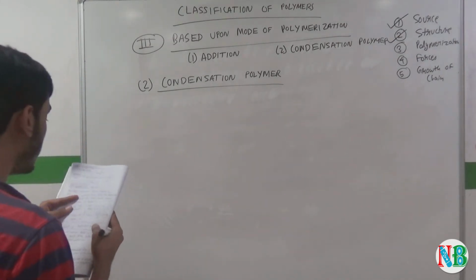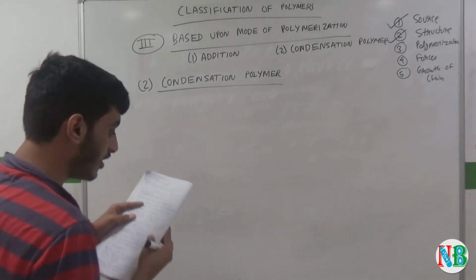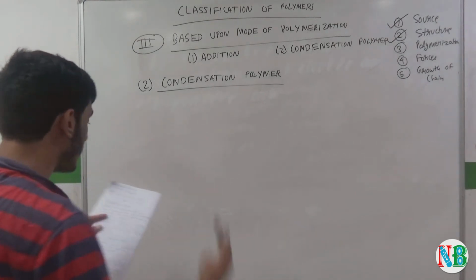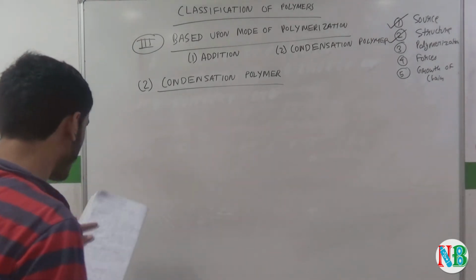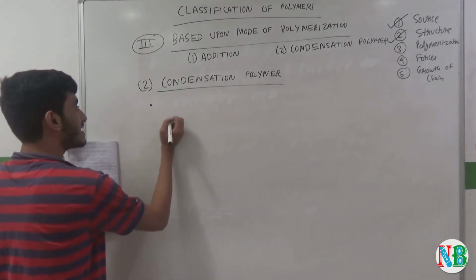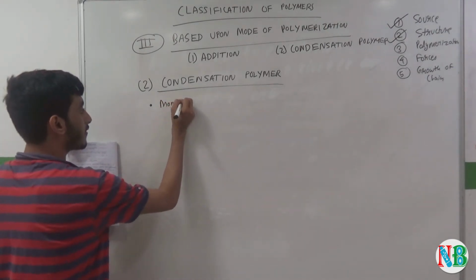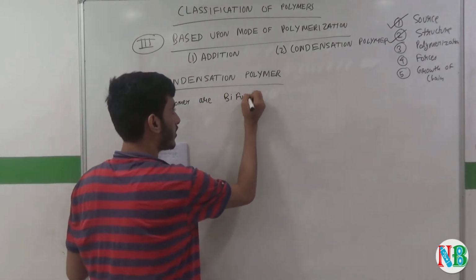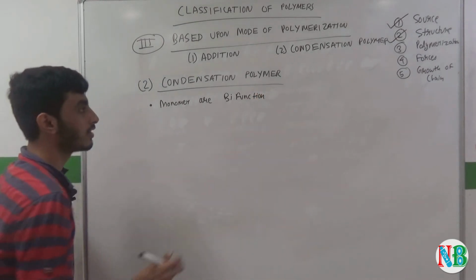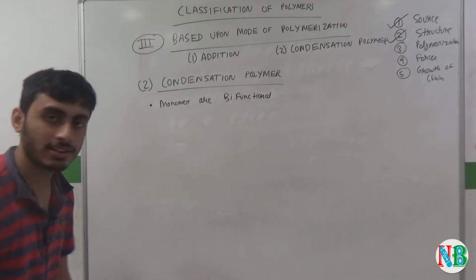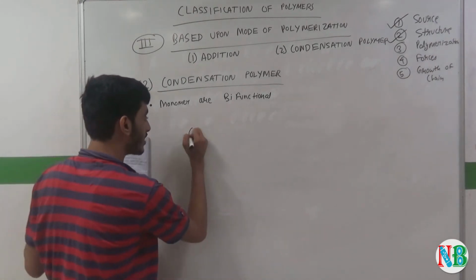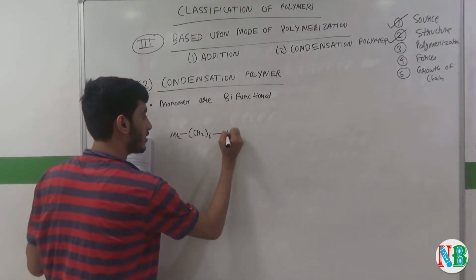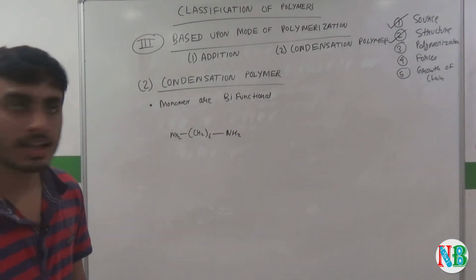So the repeated units between a bifunctional monomer unit, with the elimination of a small molecule of water, alcohol or ammonia, form this. The most important point is that the monomers are bifunctional. By bifunctional I mean that a single monomer, suppose I take an example of CH2, is bifunctional.